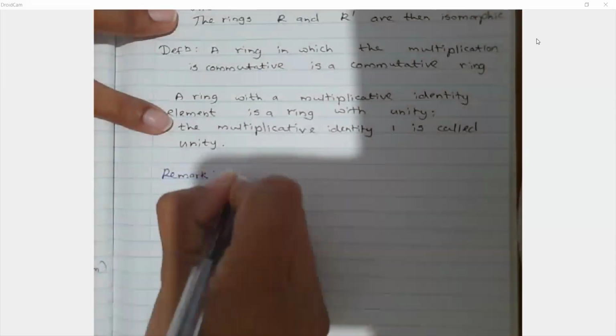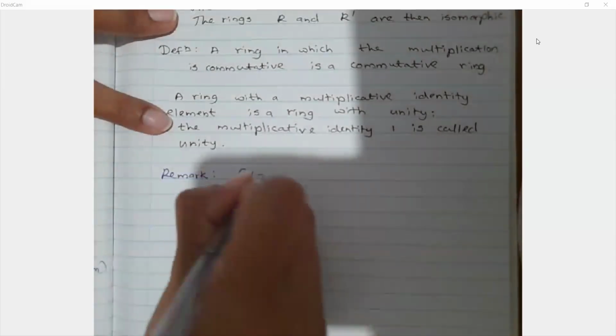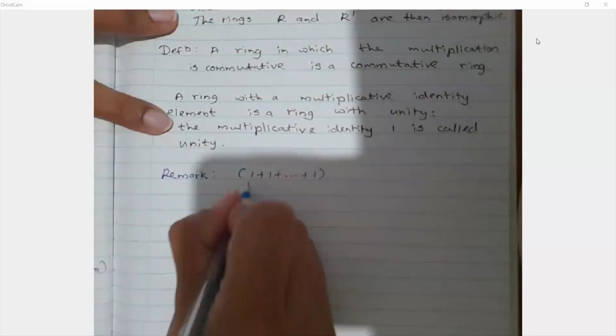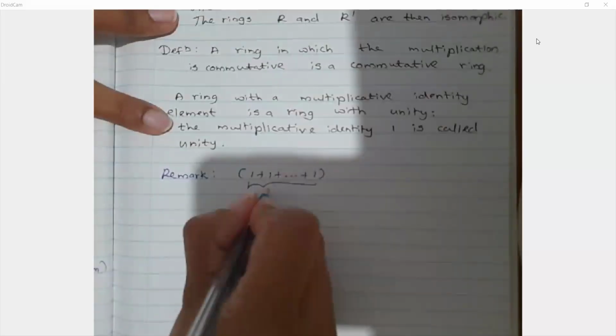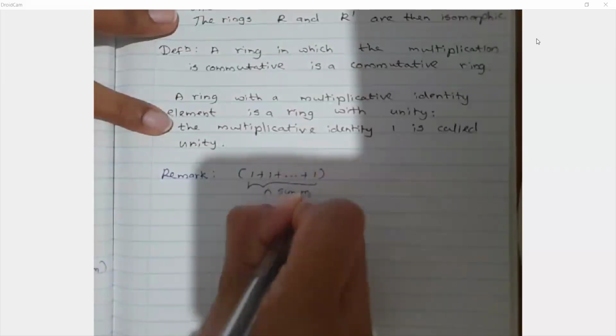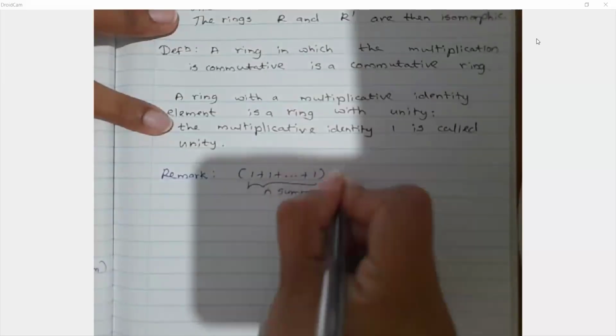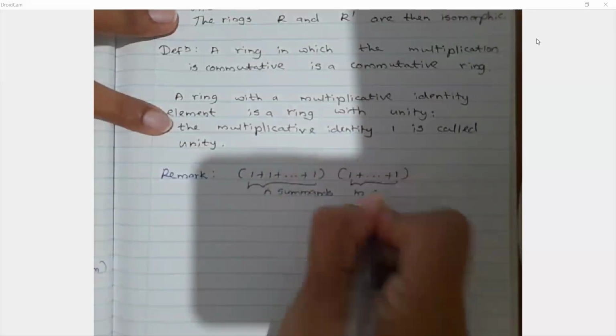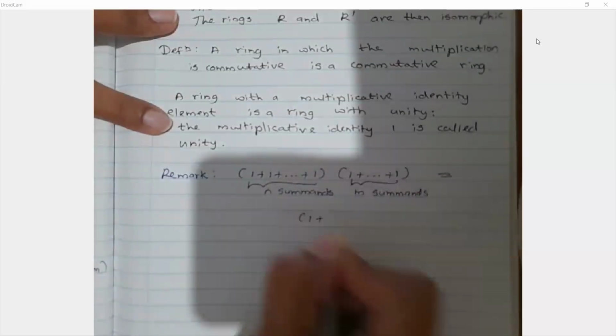Now, if we have 1 plus 1 and so on, with n terms in this addition, n summands, times 1, when you add it m times over here, so we have m summands, is actually equal to n times m summands, right?